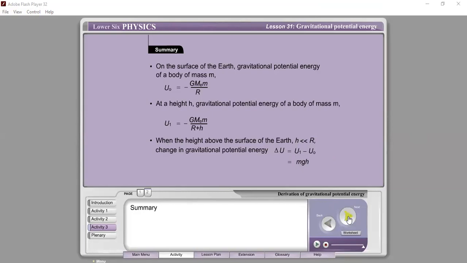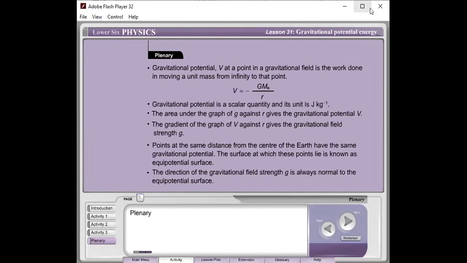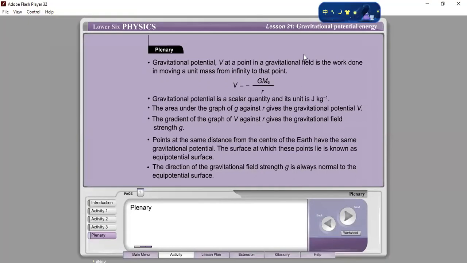Now, as the summary for today's lesson. Gravitational potential V at a point in a gravitational field is the work done in moving a unit mass from infinity to that point. That will be the work done to move 1 kg of the object to that point.